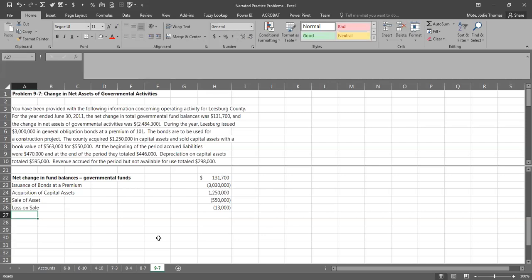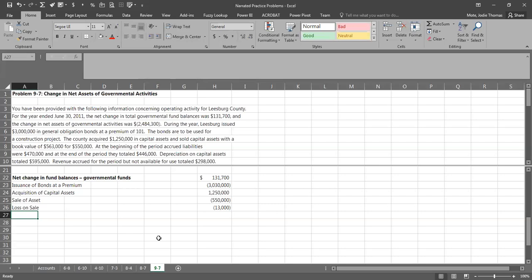And if you remember, decreases in liabilities are considered to be decreases in cash, and increases in receivable balances are considered to be decreases in cash, and on and on.